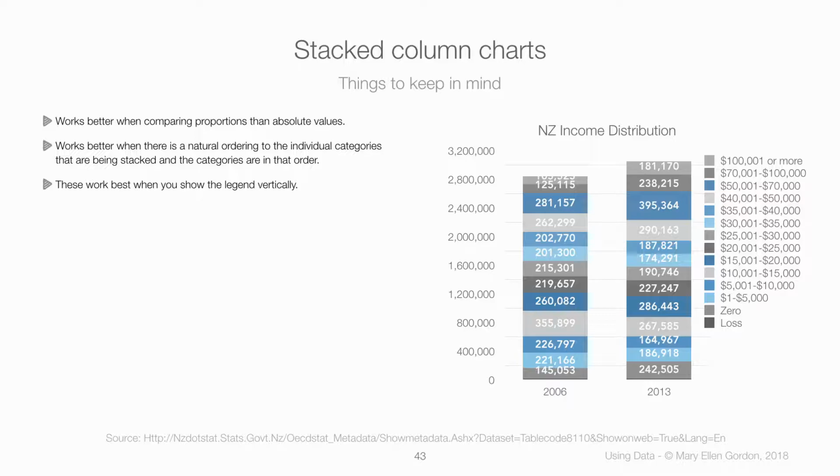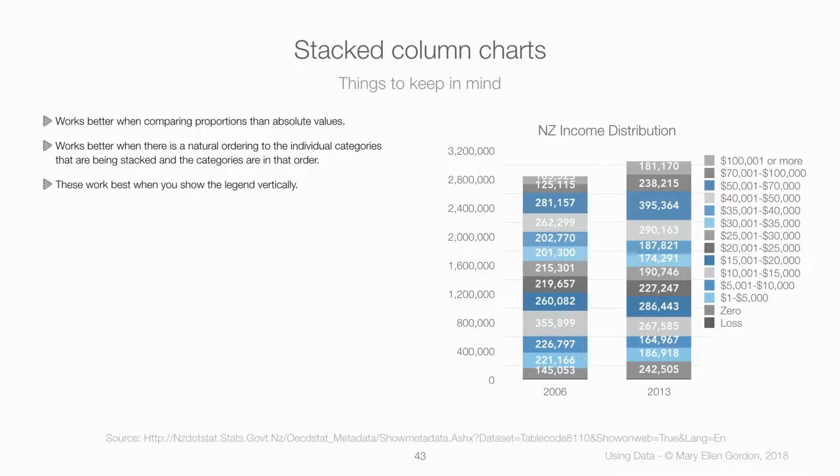Some things to be aware of when using this type of chart: they tend to work better with proportions than absolute values. So the chart that we're looking at now is exactly the same data as the previous chart, except the previous chart was showing the proportions that were in each category, where this chart is showing the absolute number in each category.